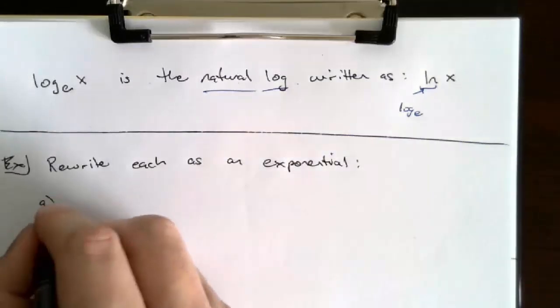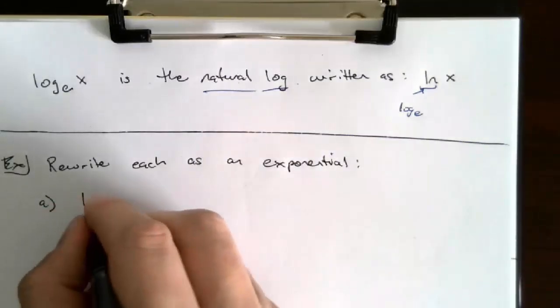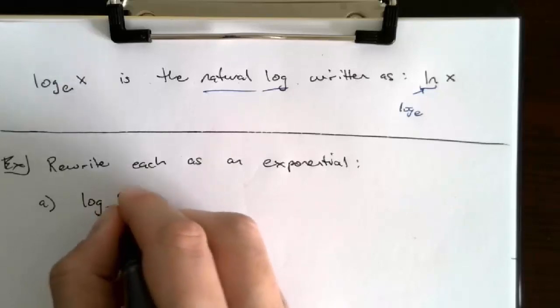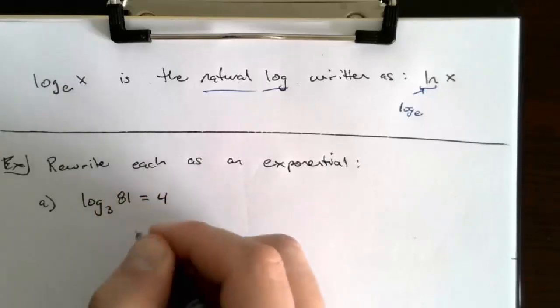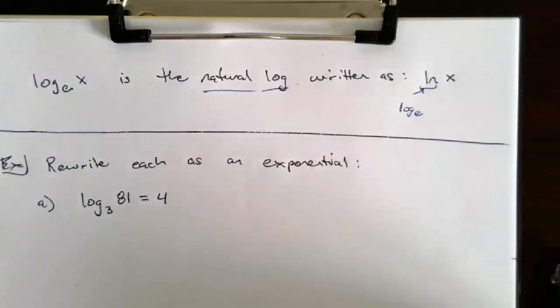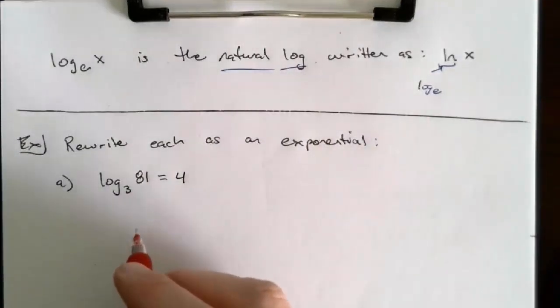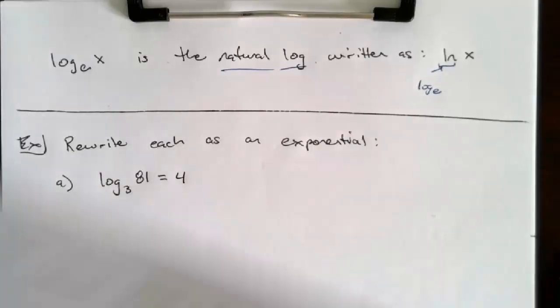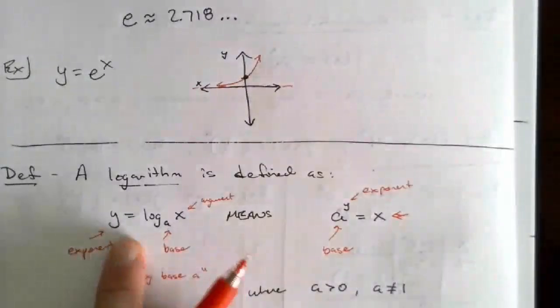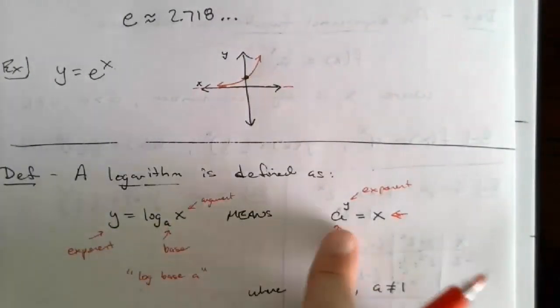Well, for this first one, if I said log base 3 of 81 equals 4. Remember, we rewrite logs based on what we said earlier. Let me just bring it back up for a second. y equals log base a of x means you write what's the base?